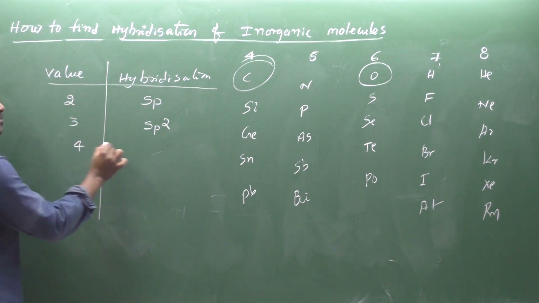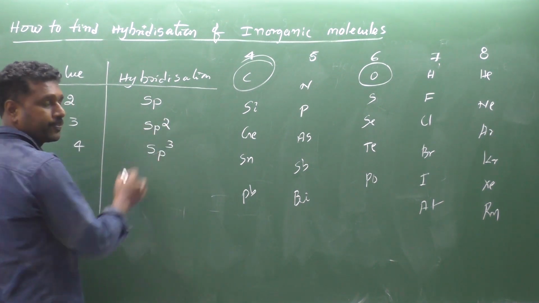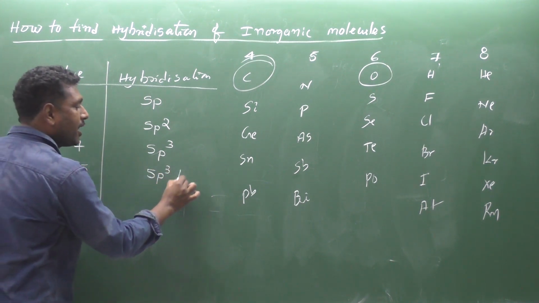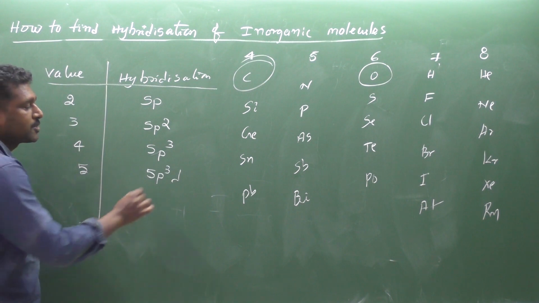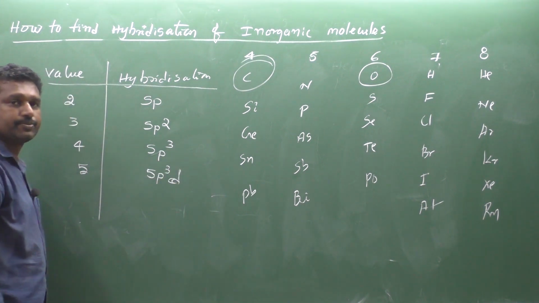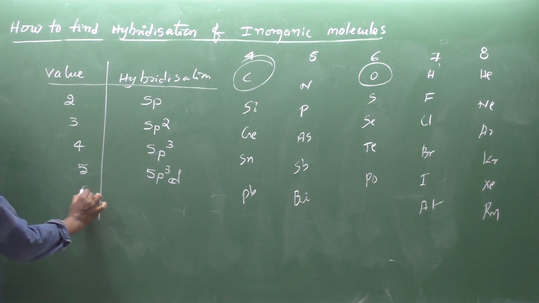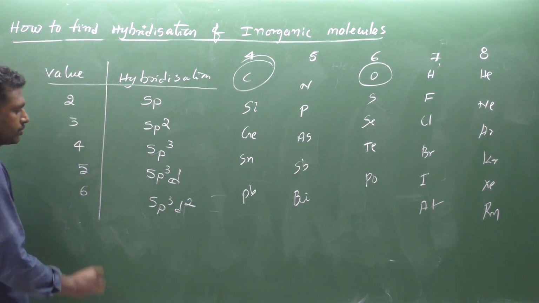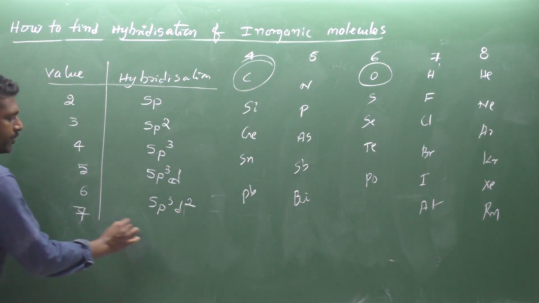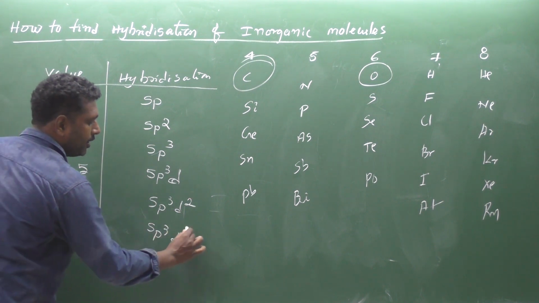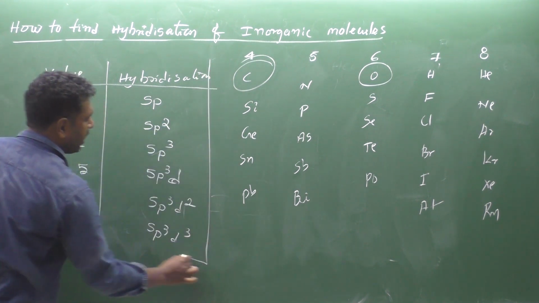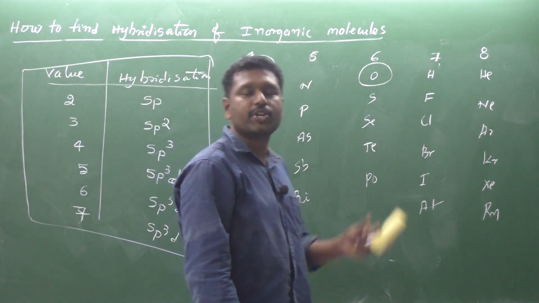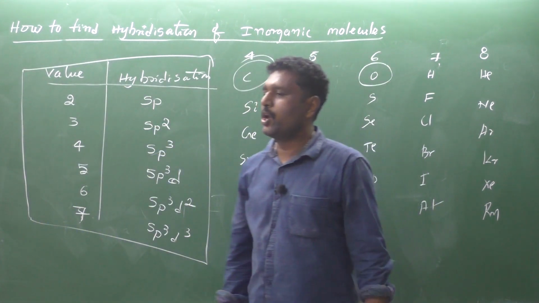Value 4, sp3. Value 5, sp3d hybridization. Value 6, sp3d2. Value 7, sp3d3. So these are the hybridizations and the values.